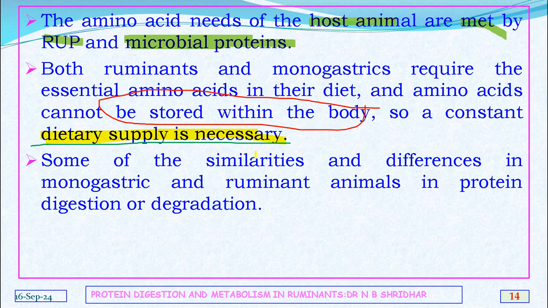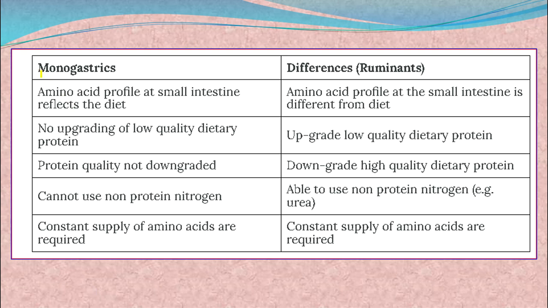So there are some similarities and differences between monogastric and ruminant animals, because there is a pattern in ruminants, and there are some differences in how protein degradation takes place in the rumen and non-rumen animals, especially.